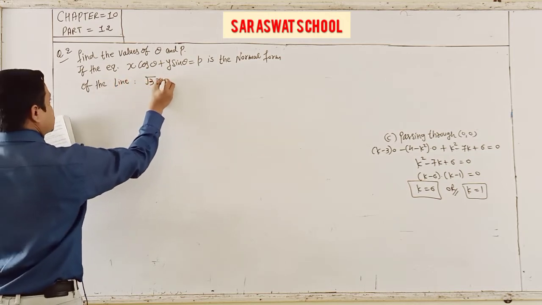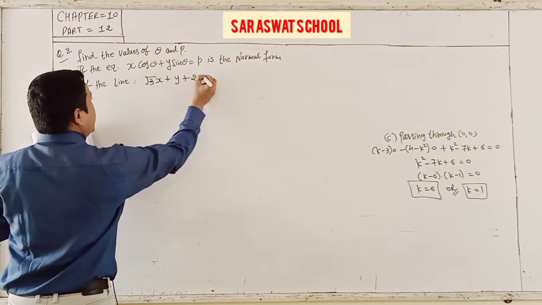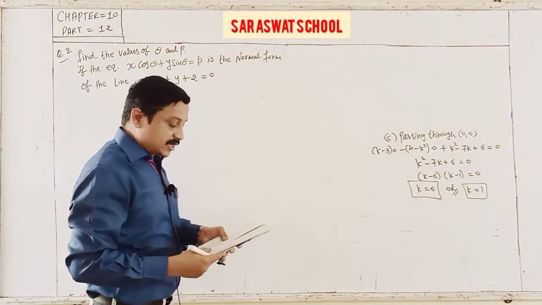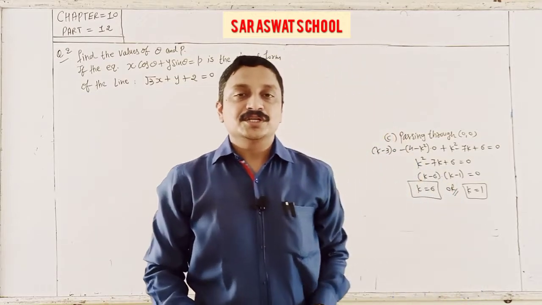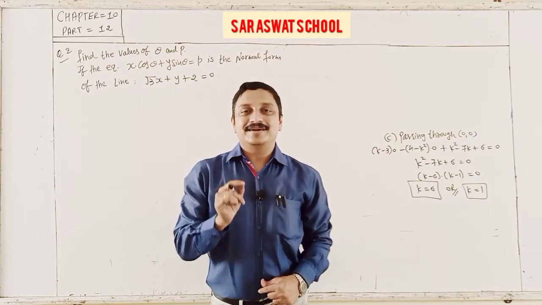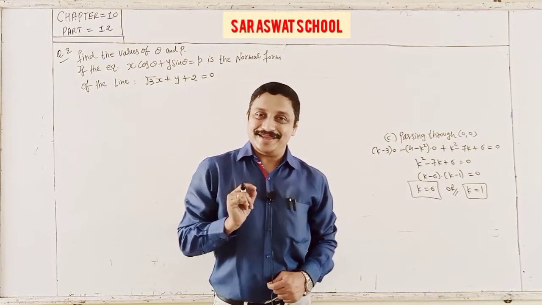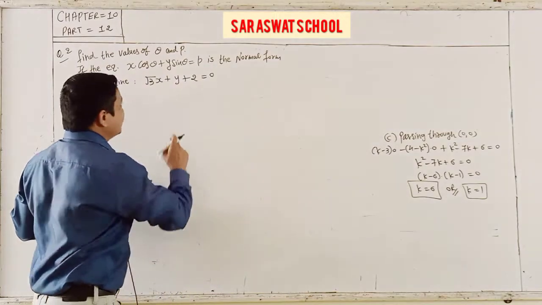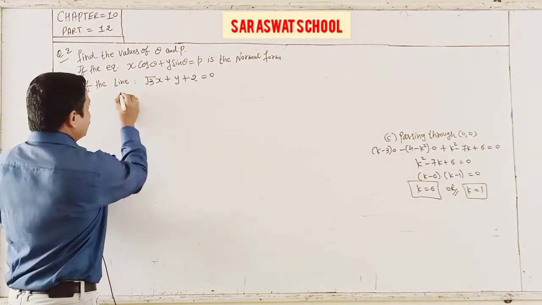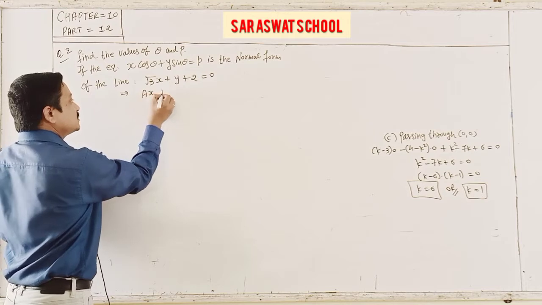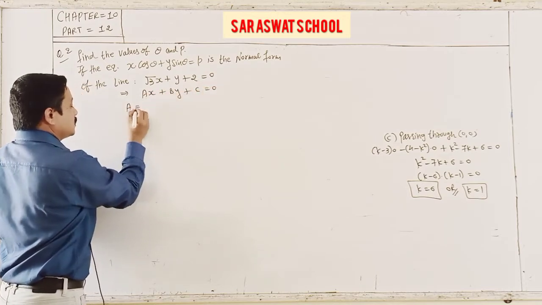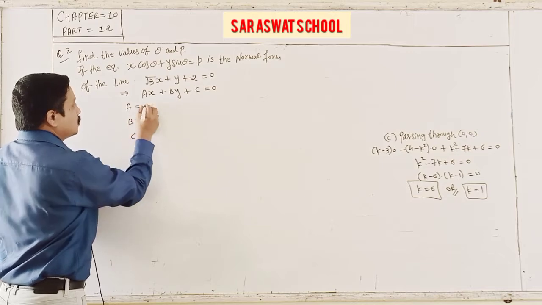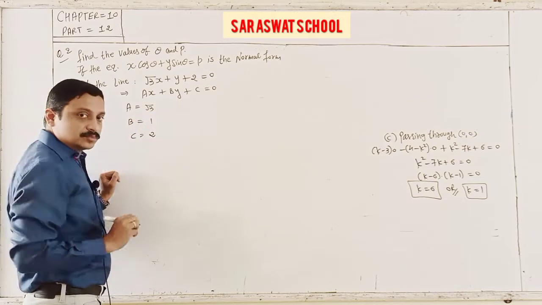root 3x plus y plus 2 is equal to 0. Students, first of all I derive the distance from origin, p. First of all you compare in the standard form ax plus by plus c, with a root 3, b 1, and c 2.